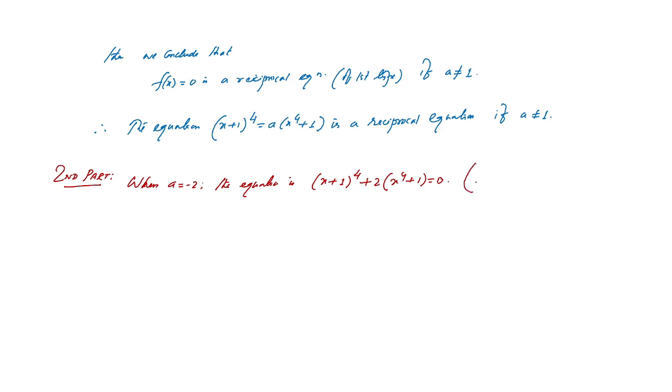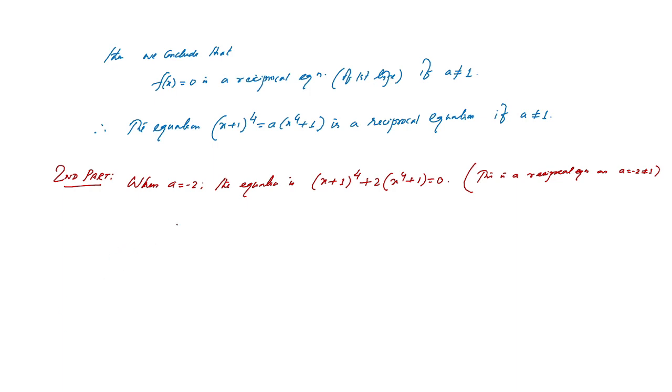And obviously in that case this is a reciprocal equation, as a = -2 is not equal to 1, that we have proved earlier in the first part. So now we'll solve this problem.